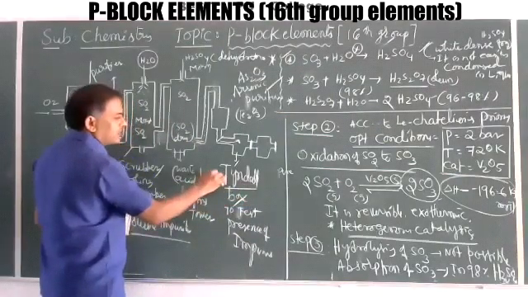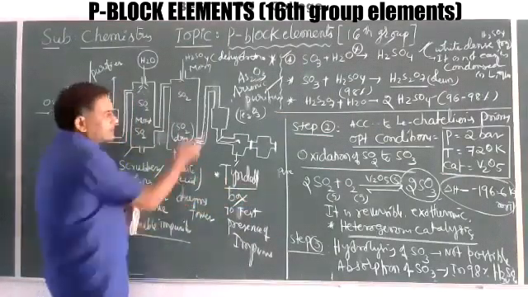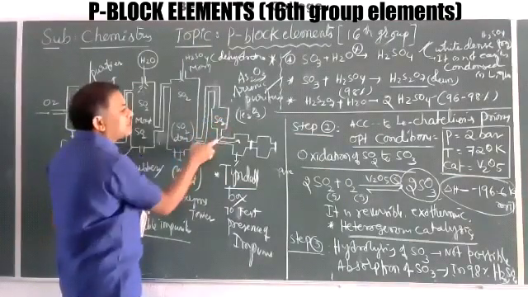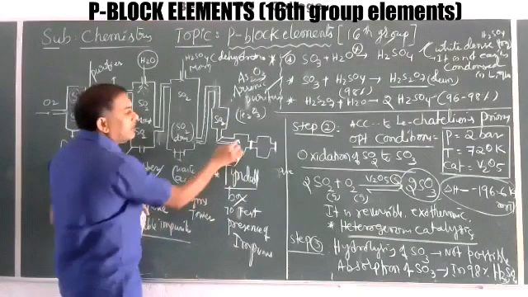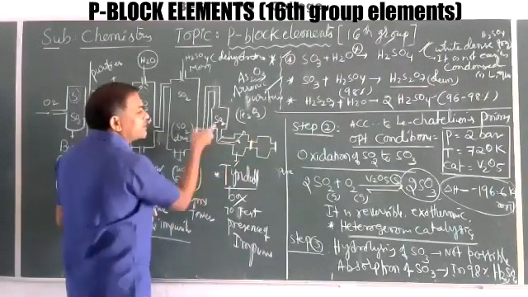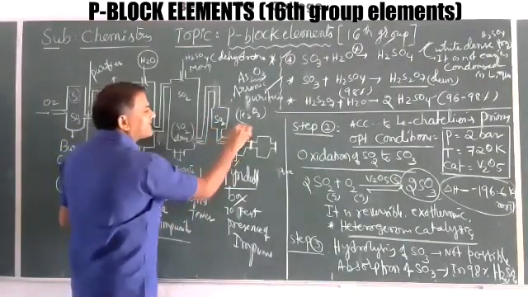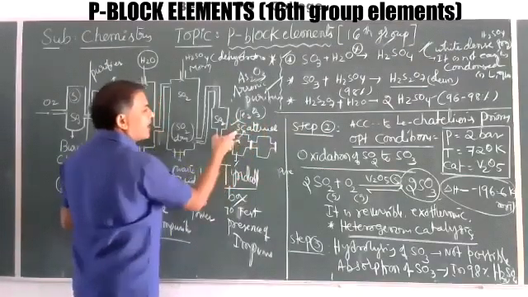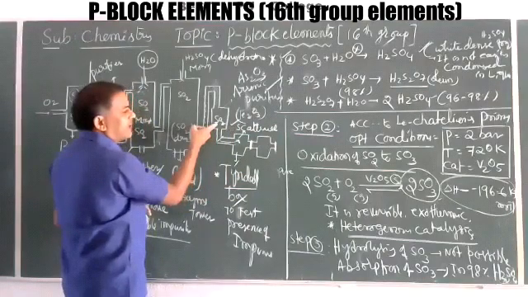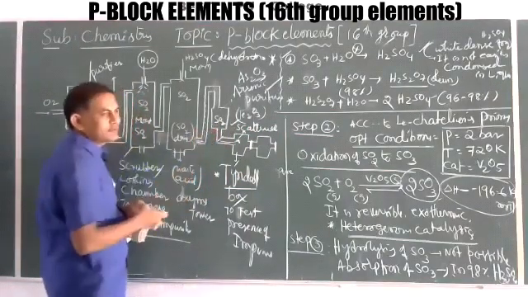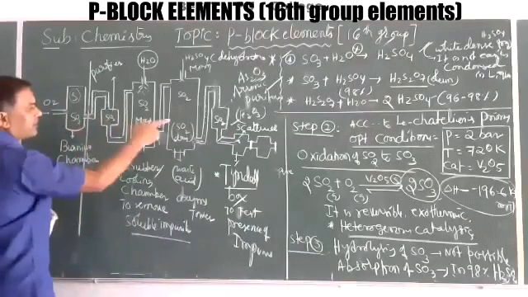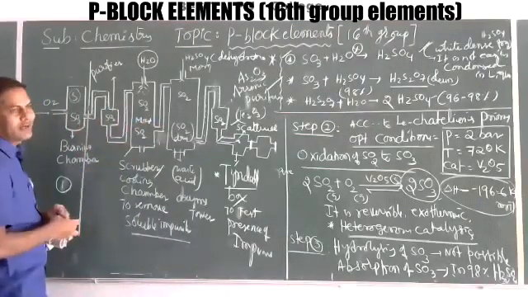The obtained pure sulfur dioxide may contain some impurities, colloidal particles. Due to the presence of colloidal particles, light is scattered easily. If the obtained sulfur dioxide still contains some impurities, we can recycle it and purify that impure sulfur dioxide again.